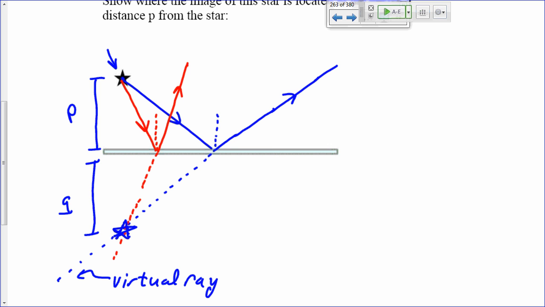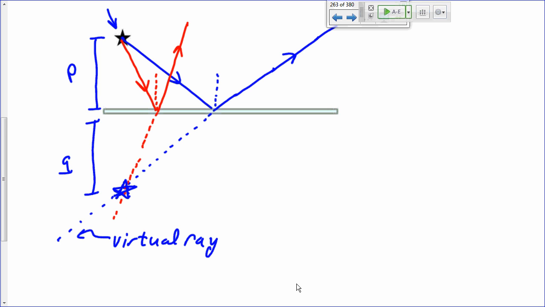Likely on the next test, you'll have to draw some ray tracing diagrams, probably not for flat mirrors, probably for curved mirrors, spherical mirrors. But the idea is very similar, that you draw two or more rays, and where the rays cross is where the image is. What type of image is this? This is a virtual image.